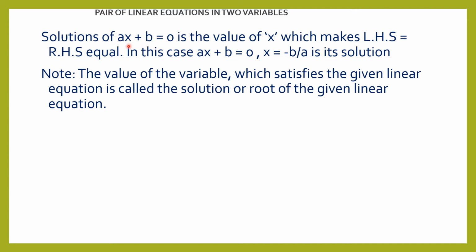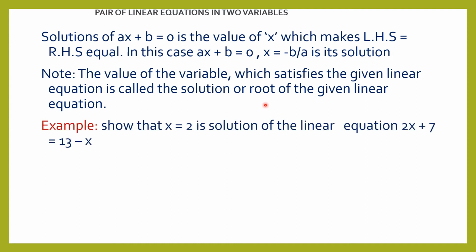Suppose a into x value minus b by a, a cancel, minus b plus b, we will get 0. 0 equal to 0. Clear? That is the solution of ax plus b equals to 0. Solution means the value of the variable which satisfies the given linear equation is called solution or root of the given linear equation.